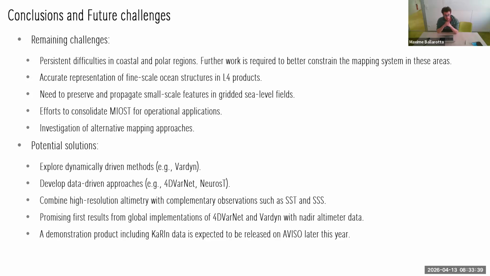Now we are transitioning towards a global implementation of the 4D Varnet and Vardin level 4 product using nadir altimeter data and SWOT. This demonstration product should appear on the Aviso website probably before summer, this year.